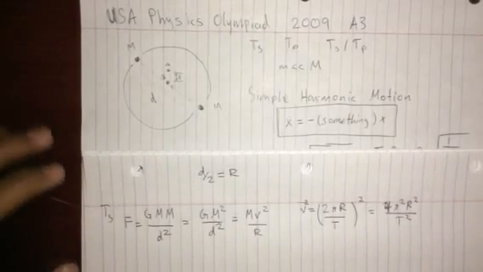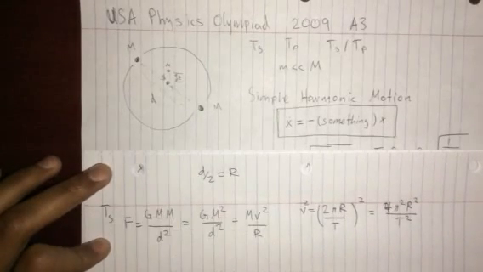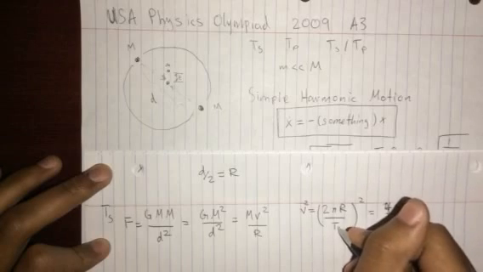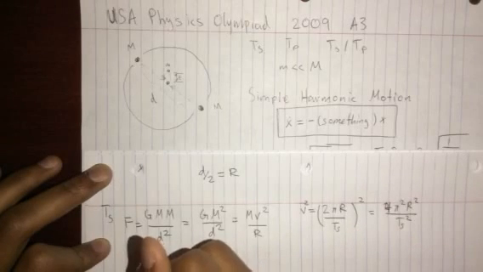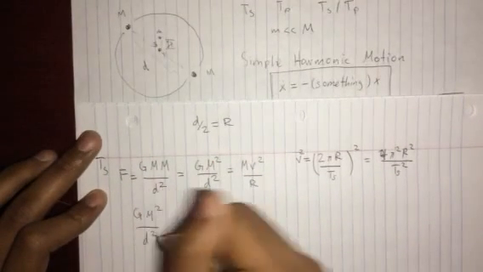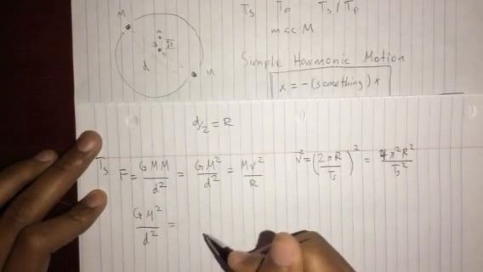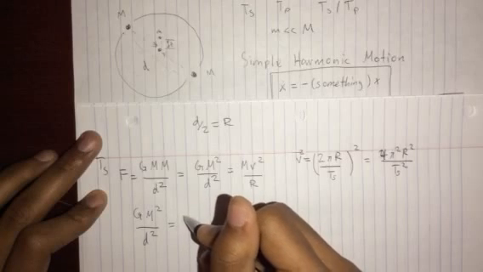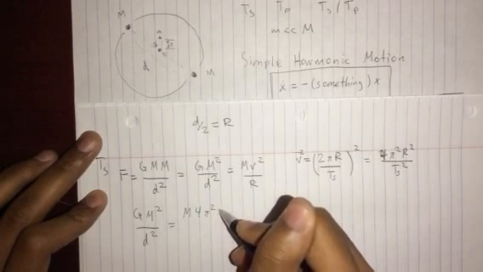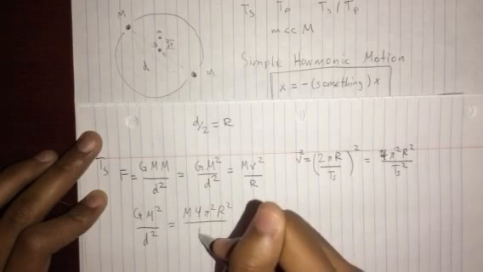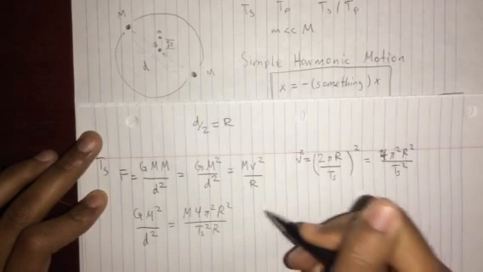Great. Now if we set these equal to each other, we can solve for T. This is our Ts. So we have G M squared over d squared equals M times 4 pi squared r squared over Ts squared r.